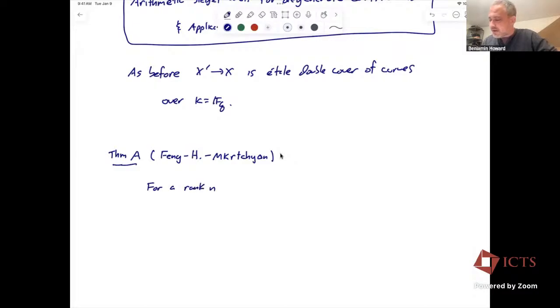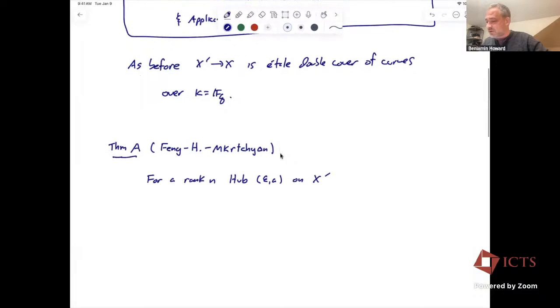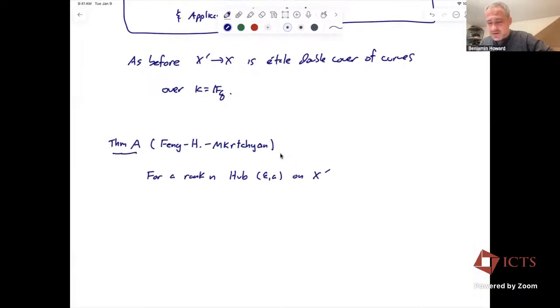For a rank n Hermitian vector bundle EA on our double cover. Remember, the non-degeneracy said that this map, this Hermitian form A, viewed as a map from E to its dual, was injective. Now we're going to assume that the kernel of this map is a vector bundle of rank 1.